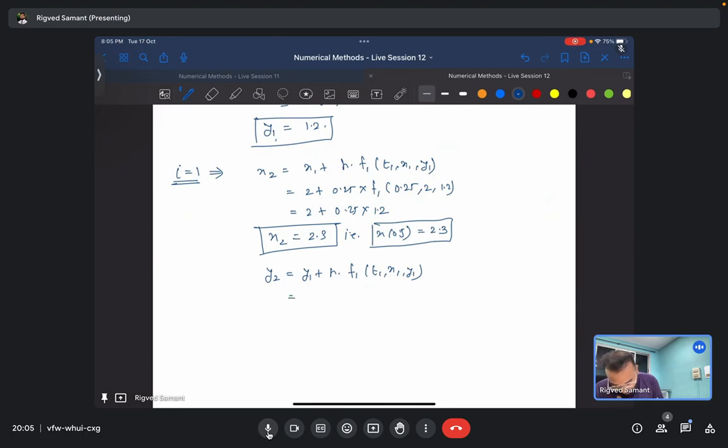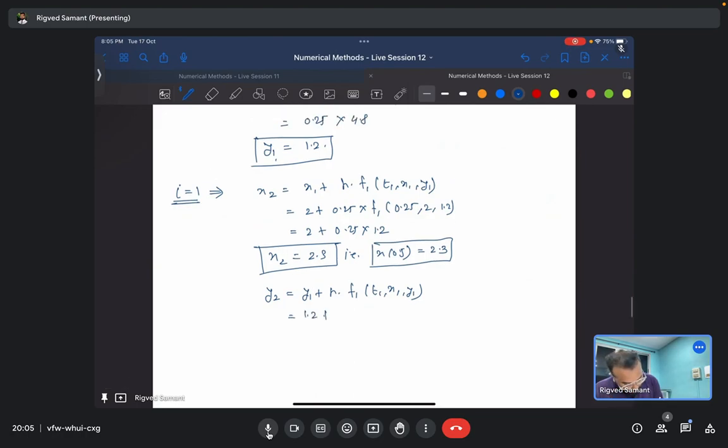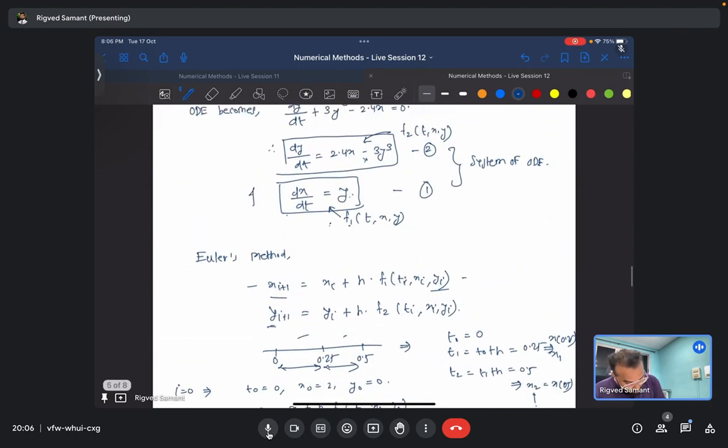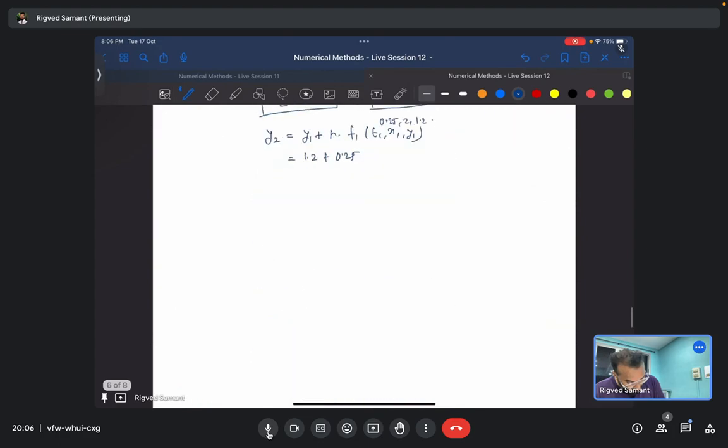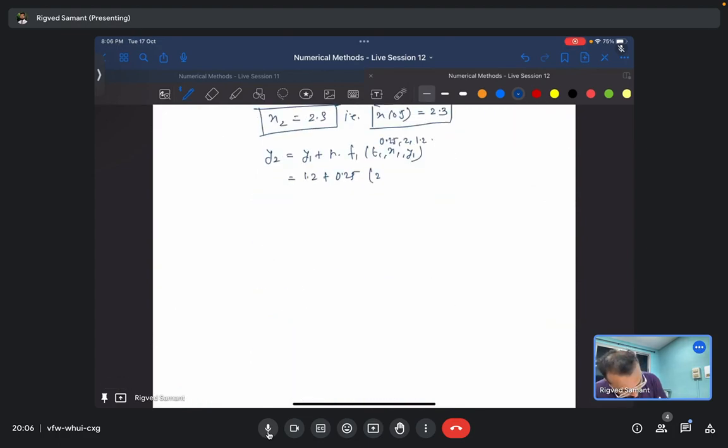So y1 is 1.2, h is 0.25, and the equation is 2.4x minus 3y. So 2.4x is 2 plus 3 into y, that is 1.2. Whatever answer you get, that is your y2.